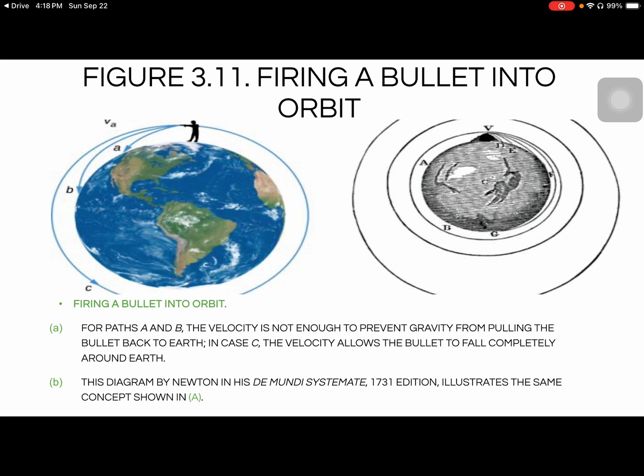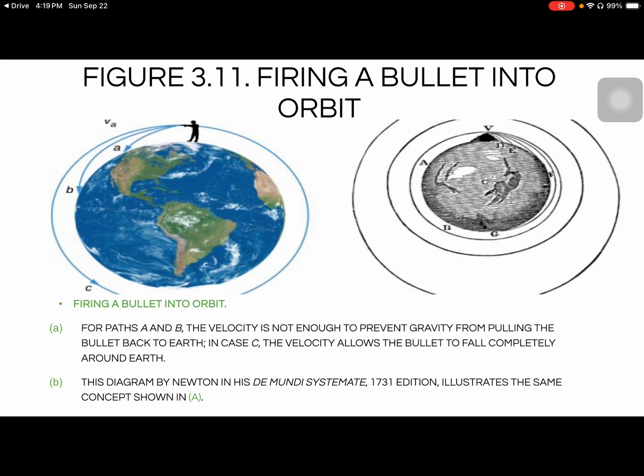So if we did not have gravity, it would follow point C, where it would just continue in a circle around Earth. Well, unfortunately, or fortunately, we have gravity here on Earth, so it's going to behave more like A, where it's going to just fall instantly back down to Earth because that pull of gravity is so strong.